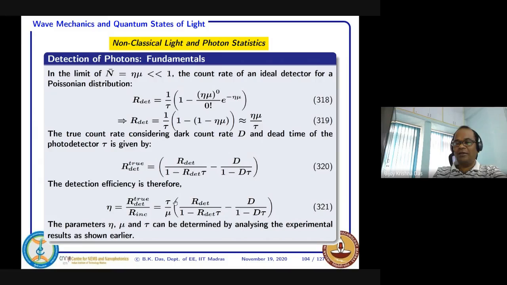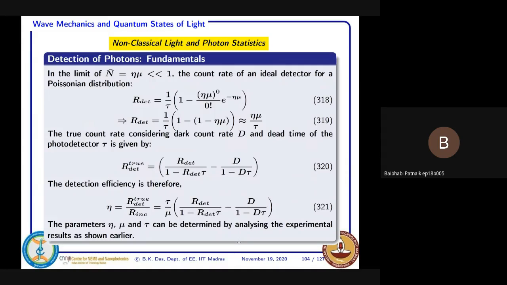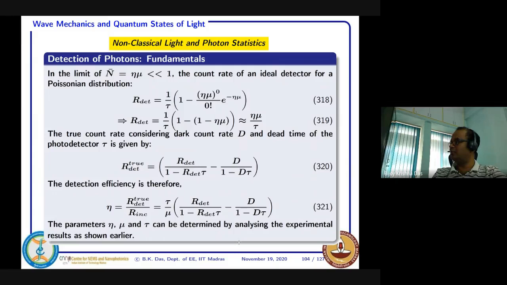And then whatever you are putting here, this tau you are considering, the sampling time you are using here. Okay. So only if sampling time and dead time are the same, then they are equal. Exactly. So basically, if you have a single photon in every pulse, normally it would be better if your sampling time is at least like a dead time.